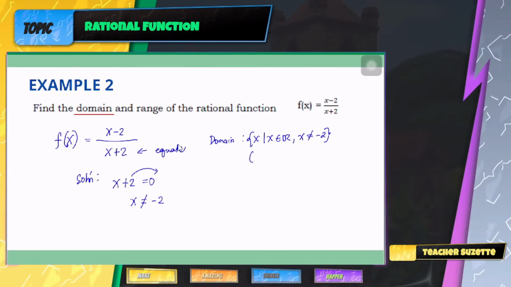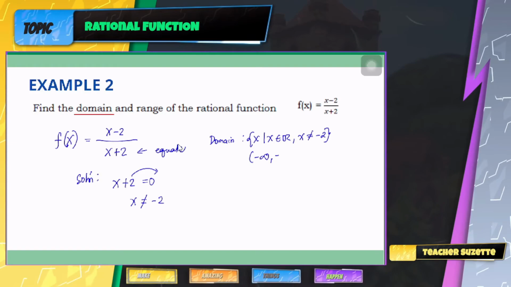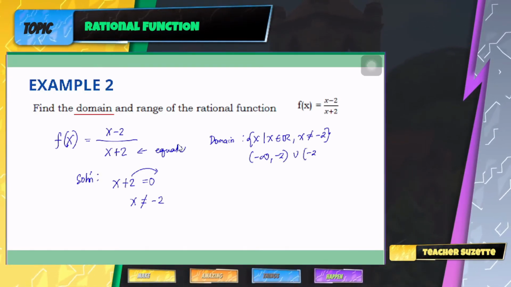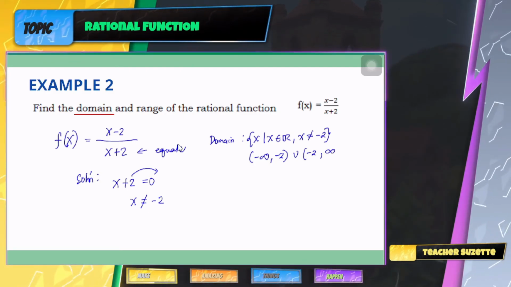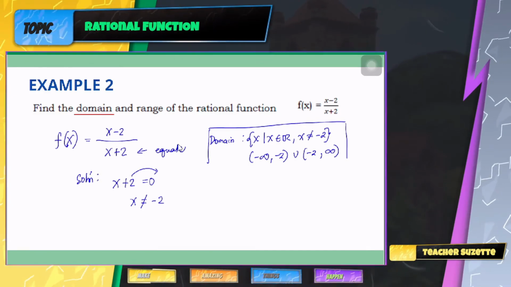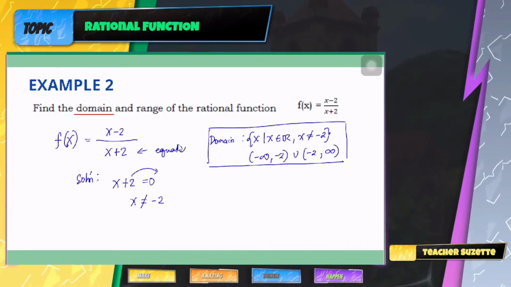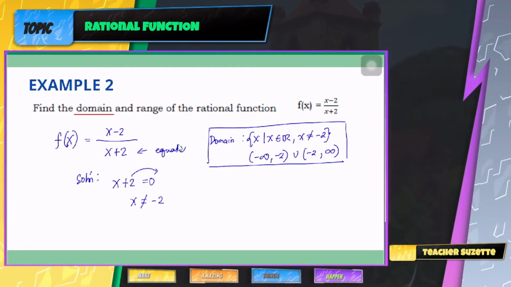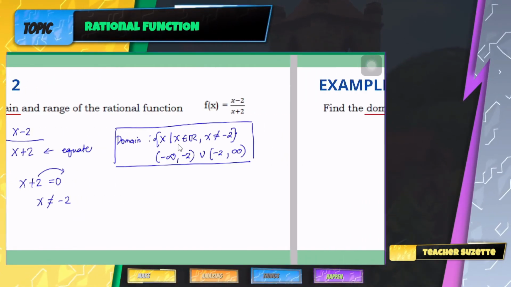In interval notation, negative infinity, comma negative 2, union negative 2, comma positive infinity. So this is the domain for our f of x equal to x minus 2 all over x plus 2.